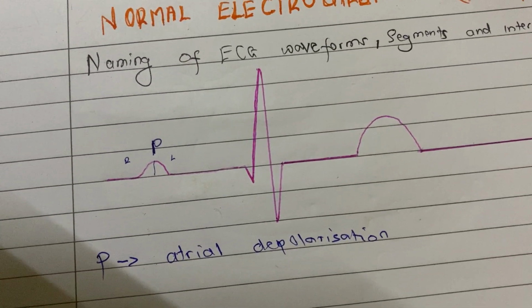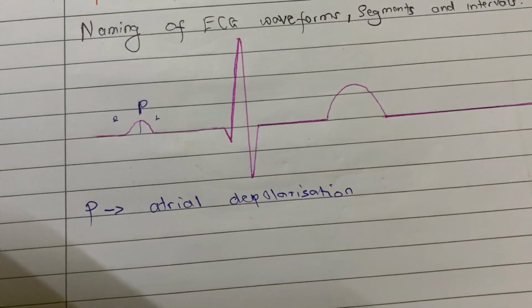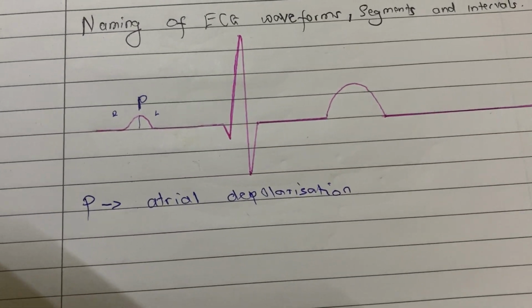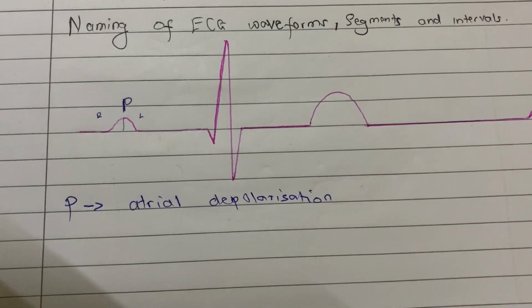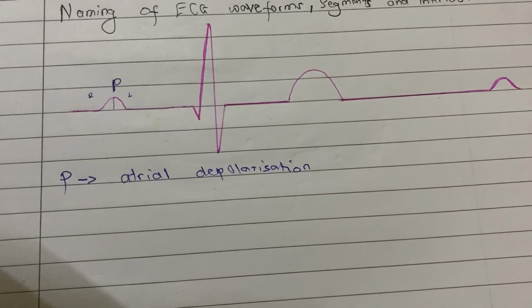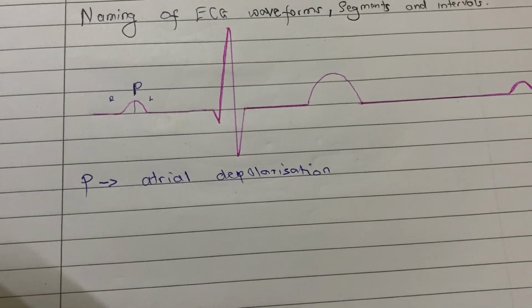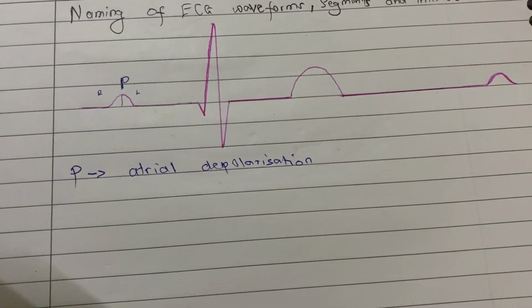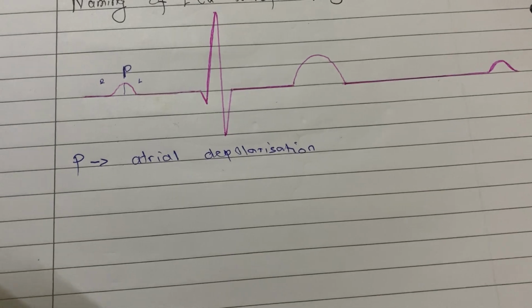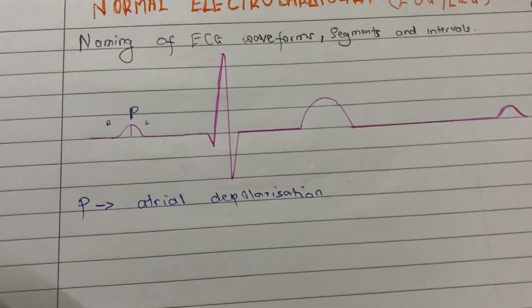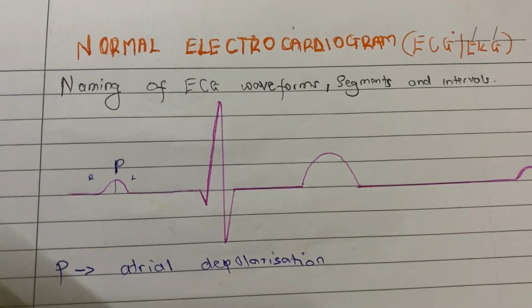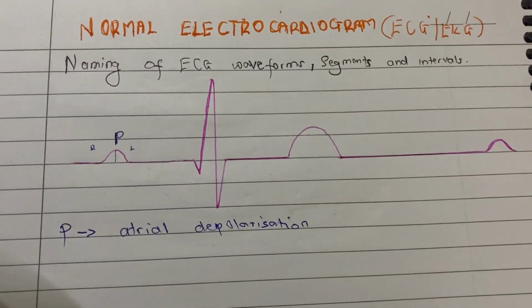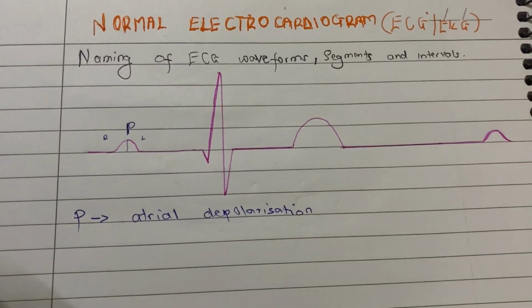To remember, we have two atria, so each atria has one part. The first one is for the right atria because that is where the node is located, so the depolarization starts from the right atria and then spreads to the left atria. So the left atrial depolarization comes next. We can give the normal ranges later.